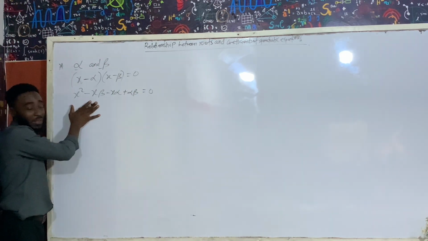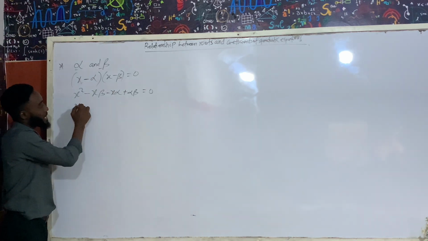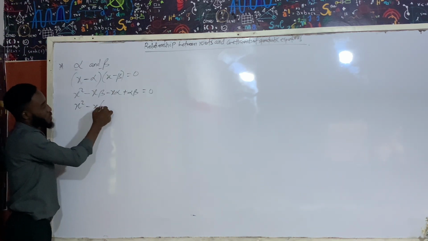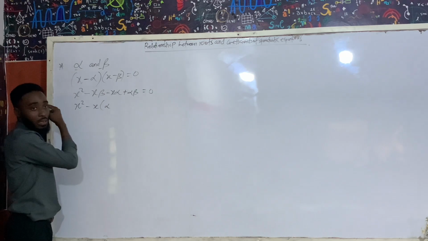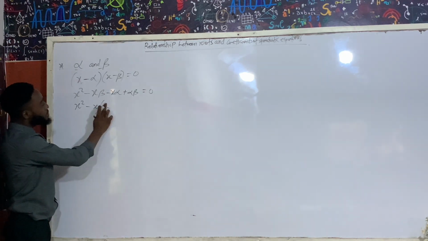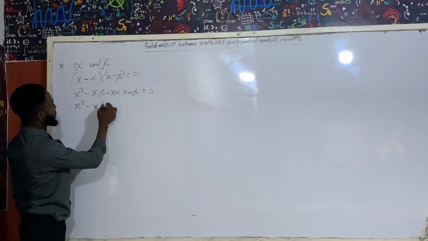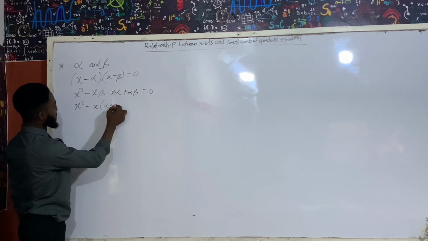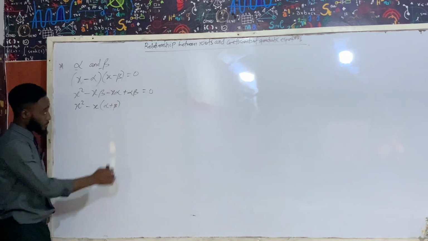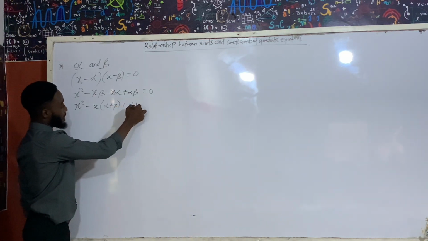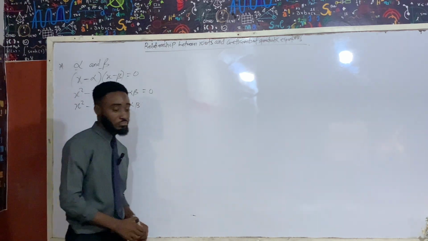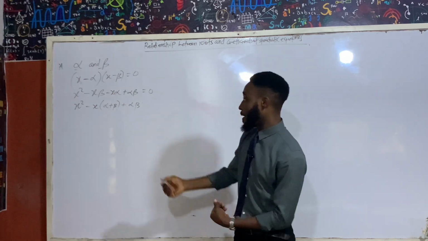Now, simplifying this, I would have x squared minus x into bracket alpha plus beta, plus alpha beta. Is that okay?